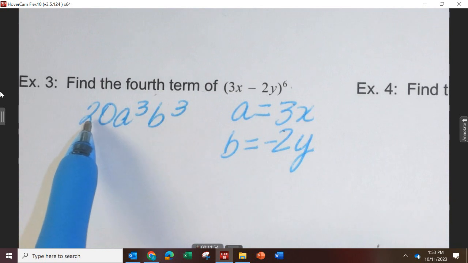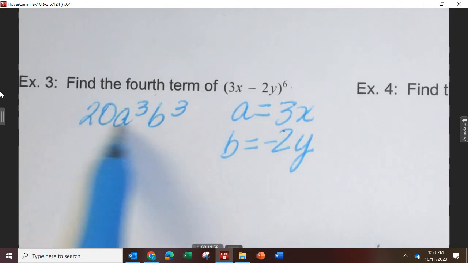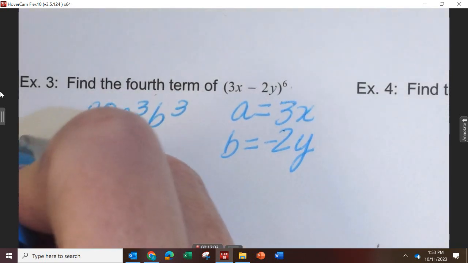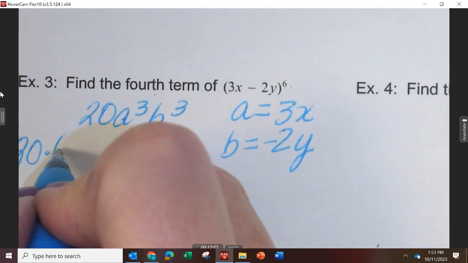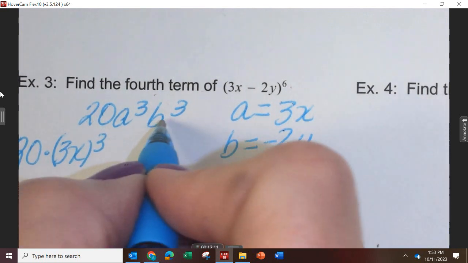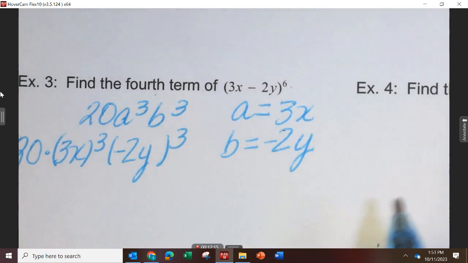On this term is 20a cubed b cubed. Is that adding or multiplying? Multiplying. So I'm doing 20 times, plug in a, it gets cubed. Plug in b, it gets cubed.